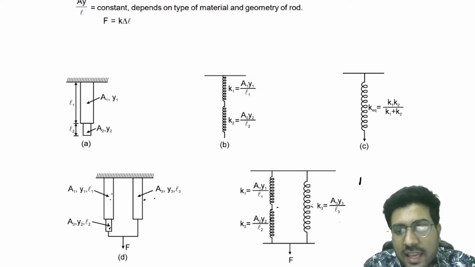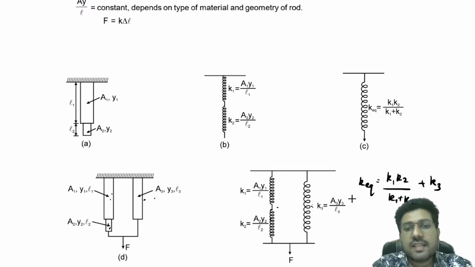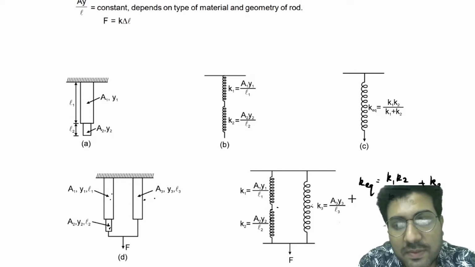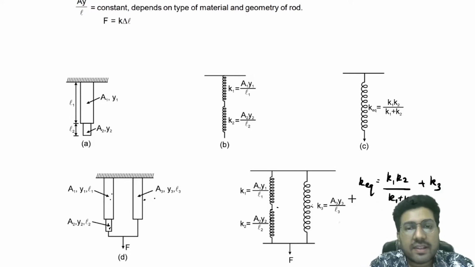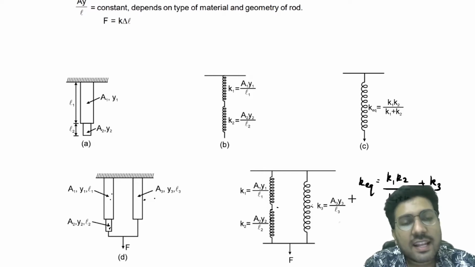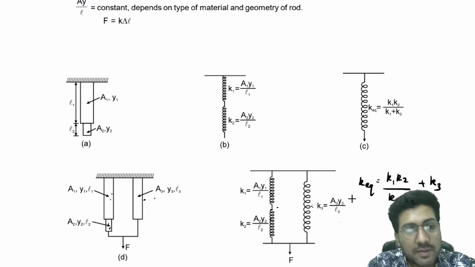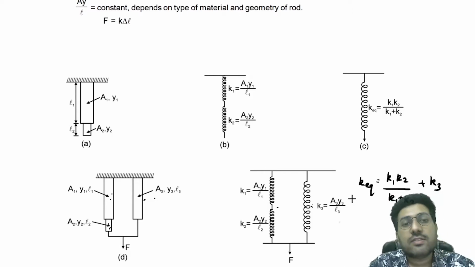So you will write K equivalent is equal to K1 K2 by K1 plus K2, plus K3. In series, K equivalent is K1 K2 by K1 plus K2, and in parallel you have to add it. Okay, so just like springs, they can ask you the equivalent constant in the case of rod.